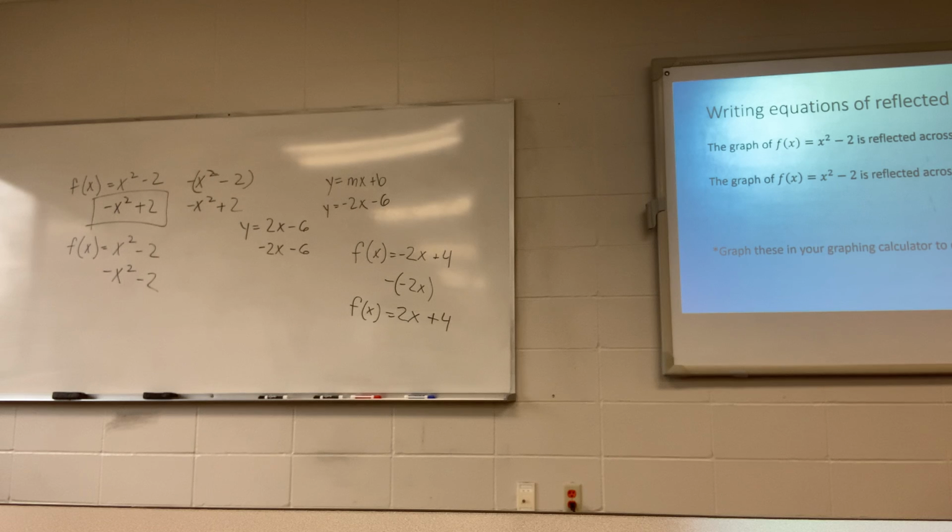Oh, so we don't have negative in front of the original, so we just want the original, the x squared minus 2. And then the other one, we want negative x squared plus 2. So still negative. Yep, so we're typing in the one that's reflected across the x-axis, so negative x squared, and then plus 2.